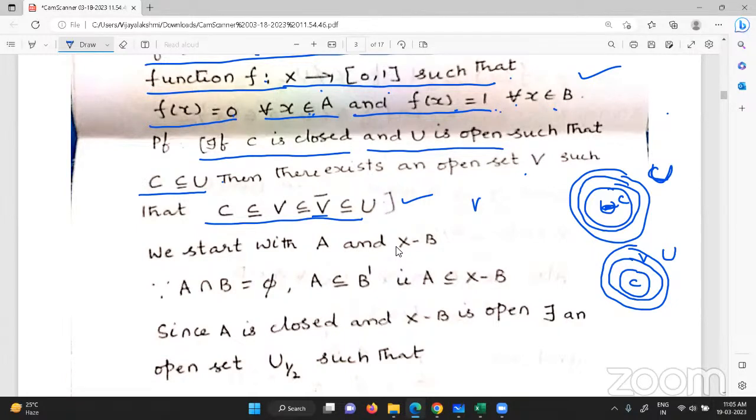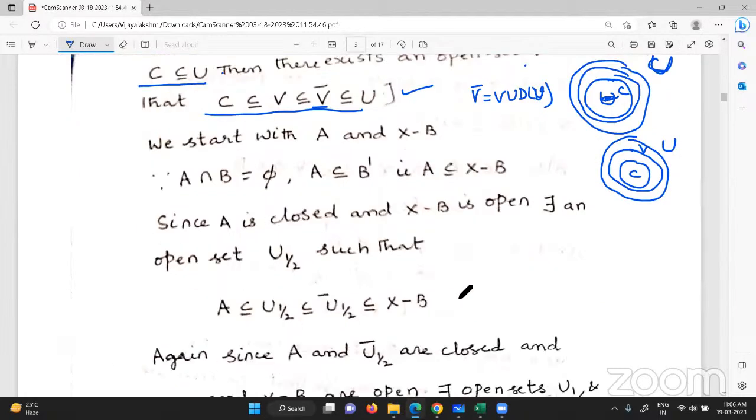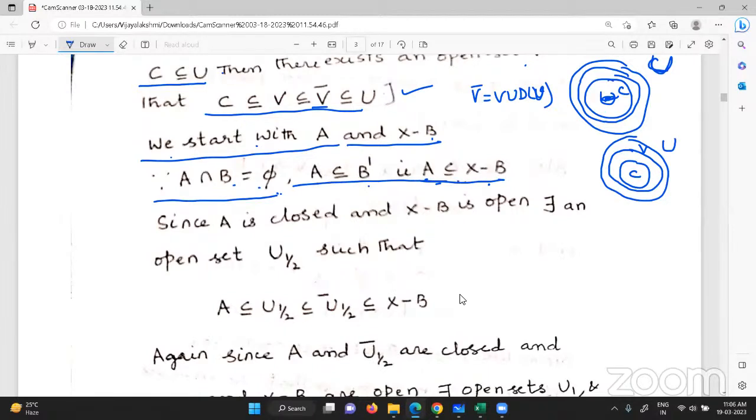V bar is V union the limit points of V. So that is the subset of V bar. So we start with A and X minus B. Then A intersection B is empty. What do you mean by A intersection B is empty? It means A is a subset of B complement. There are no common elements, so A is contained in X minus B. Is this true from the theory of sets?